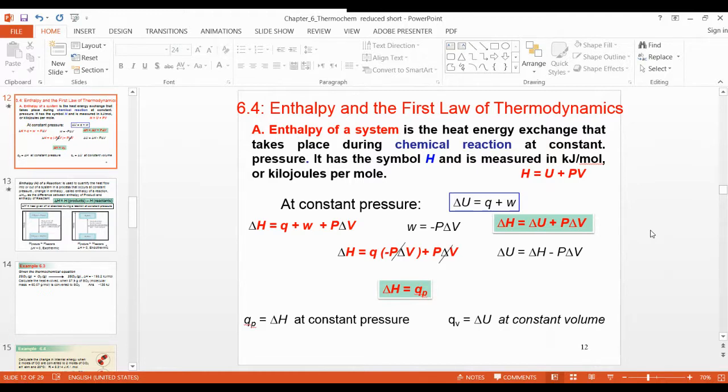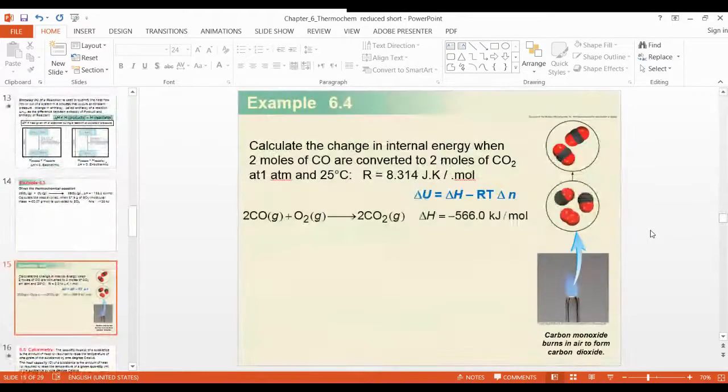You always know that work is a function of pressure and volume. So what we do here, in place of PV we put nRT. R you know, temperature is in Kelvin, and delta n you calculate from the chemical equation.